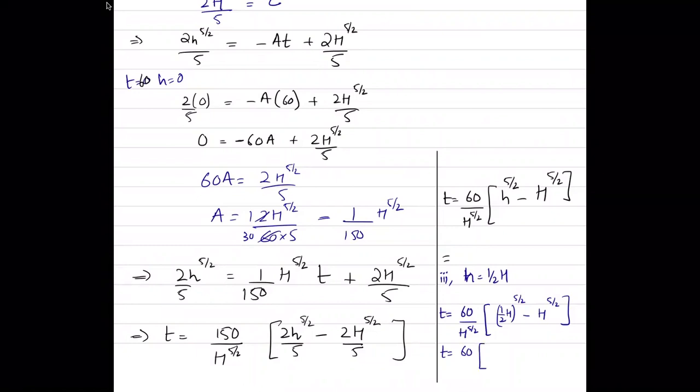If you divide half h to the power of 5 upon 2 by this term, you should only be getting 1 upon 2 to the power of 5 upon 2, because h and h are going to be cancelled out, and this is already 1.